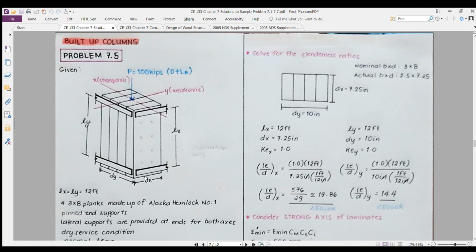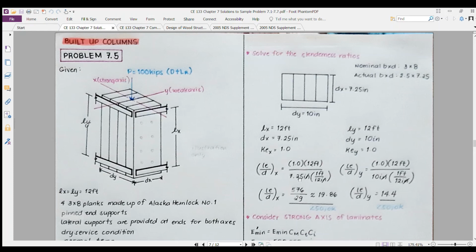Meanwhile, for d sub y, we have a value of 10 inches. Since the column is in a pin connection, it is assumed to occur on both axes, in the x and y direction. Thus, K sub e x and K sub e y both have values of 1.0.